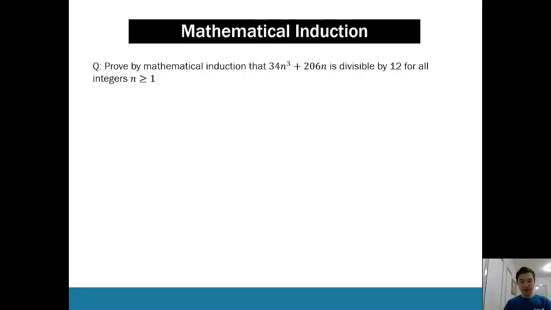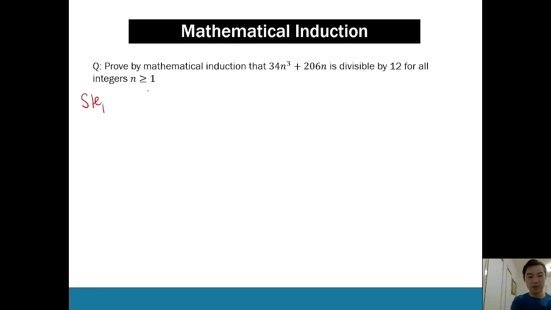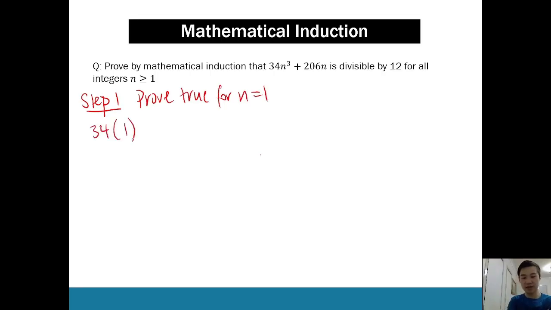So I'm going to start off with my first step. Remember, your first step is to prove true for the first integer of the domain. In this case, we're asked for all integers n greater than or equal to 1. So therefore, I'm going to prove true for n equals 1. So I'm going to substitute n equals 1 into the statement.